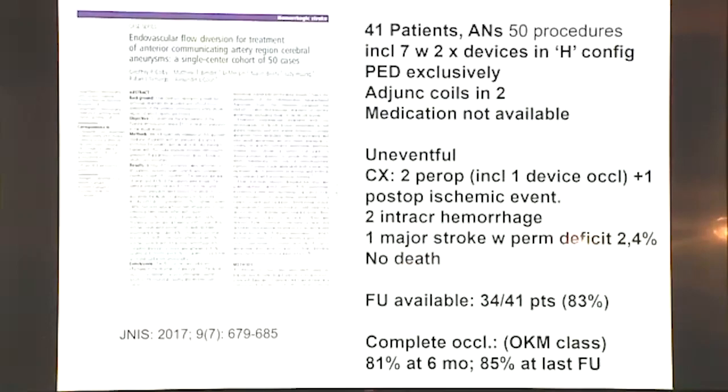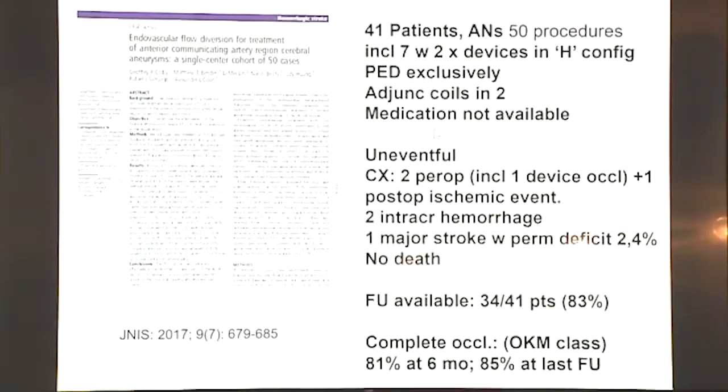Before I finish, I want to show 2 papers, one from Johns Hopkins, published in 2017. These are the largest series entirely dedicated to this group of aneurysms. I did not take into account short series or entire ACA series so that I can give a good correlation.